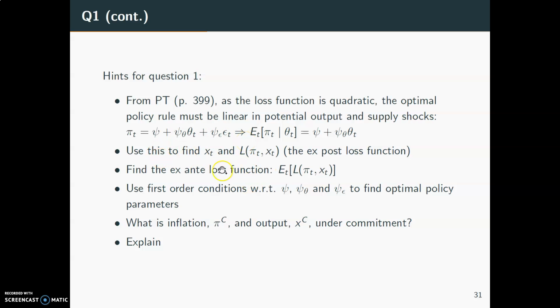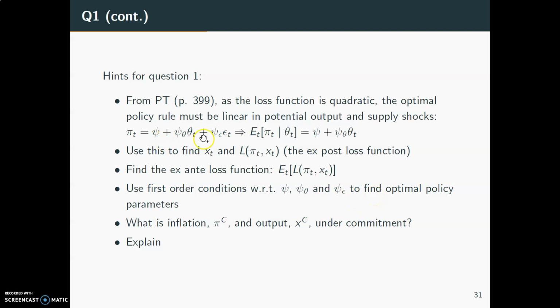Okay, so when you have found the ex post loss function by simply plugging this rule into x_t and then using the definition of the loss function, then we find the ex ante loss function simply by taking expectations. Now, in order to characterize the optimal policy rule, we need to find these parameters, and we simply do this with first order conditions with respect to psi_theta and psi_epsilon.